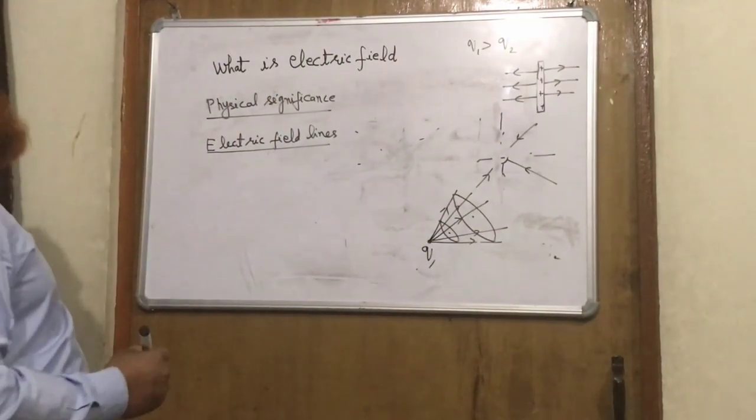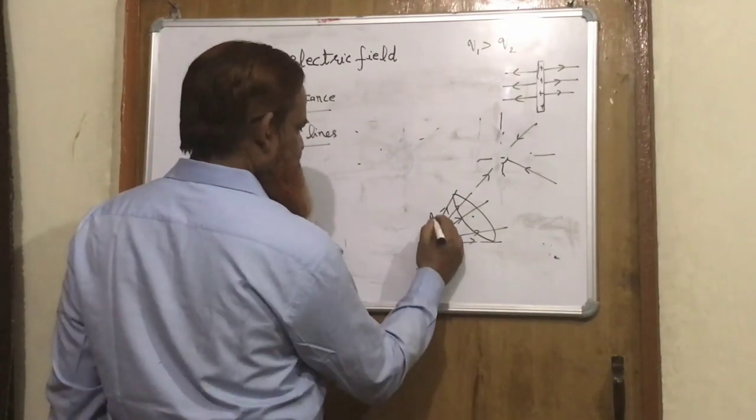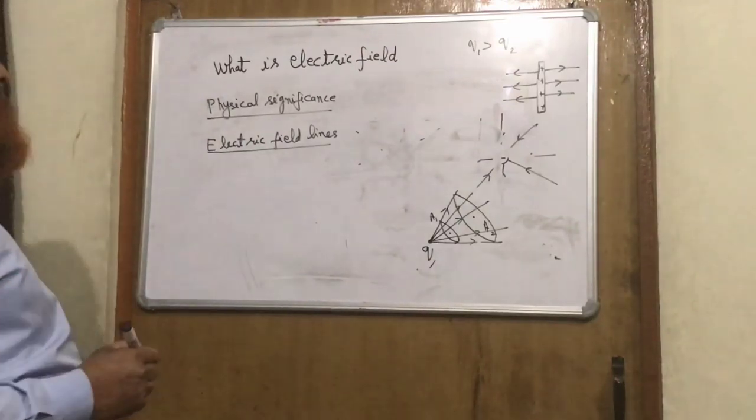There are 2 points. A1 and A2 are the cross sectional areas of 2 regions.